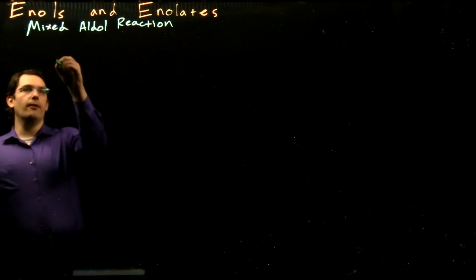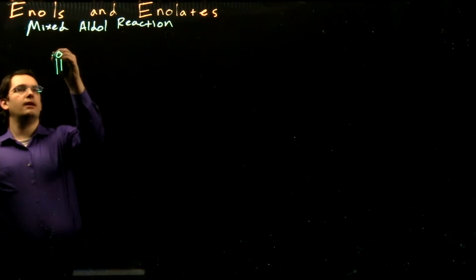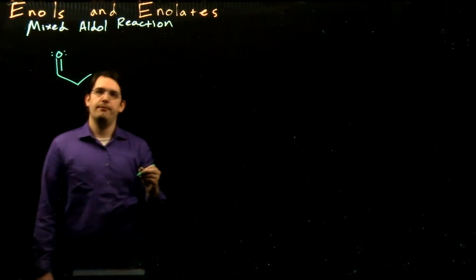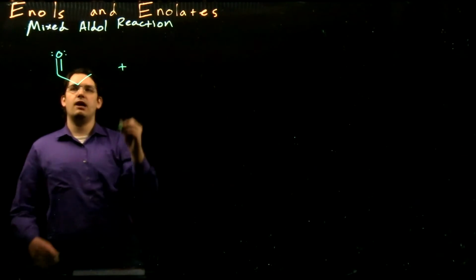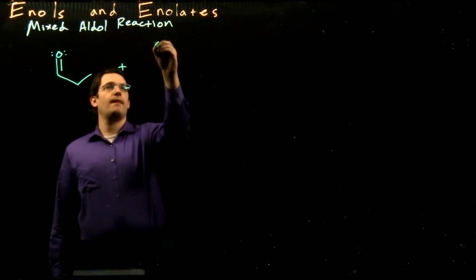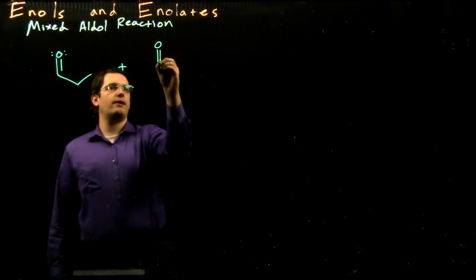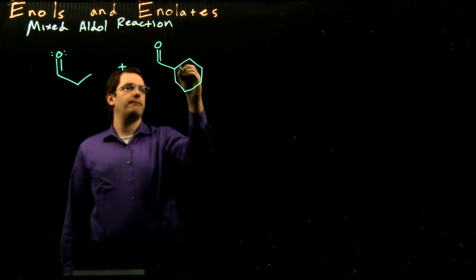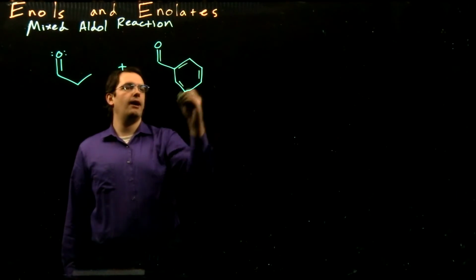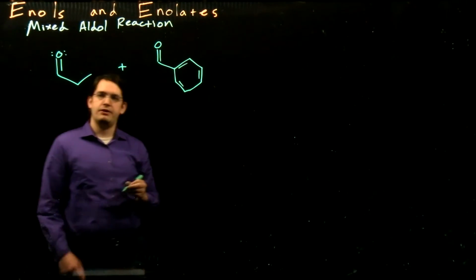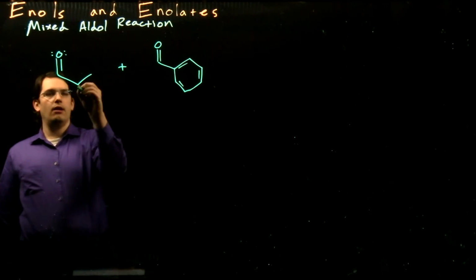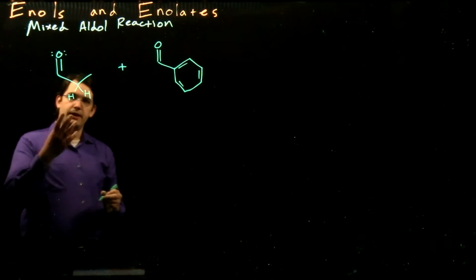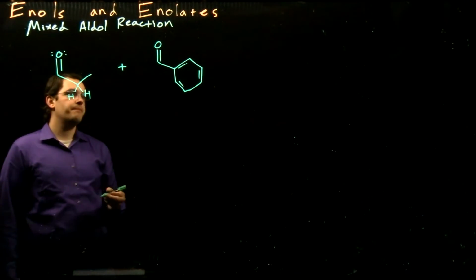Another possibility, though, is to use a non-enolizable reactant. So if we take this carbonyl here and react it with another carbonyl, here we have our carbonyl attached to a benzene ring. Over here we would have our 2 hydrogens, which of course could be deprotonated to create our enolate.